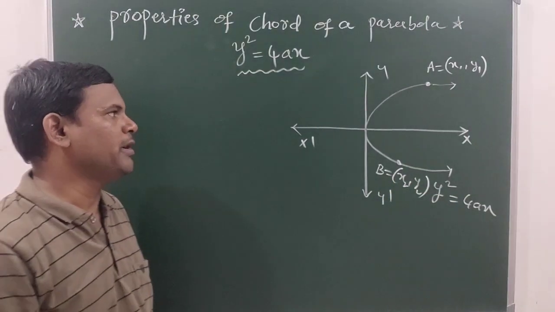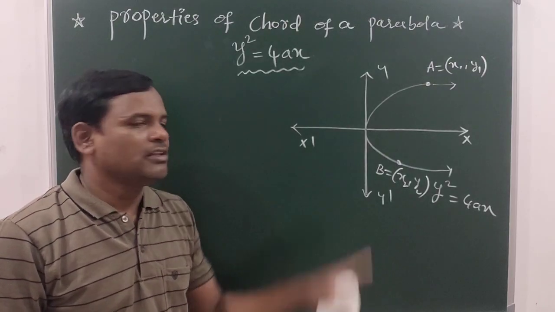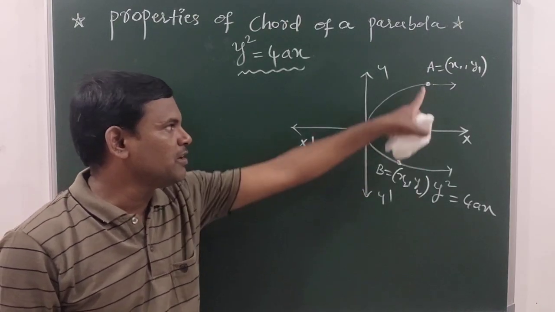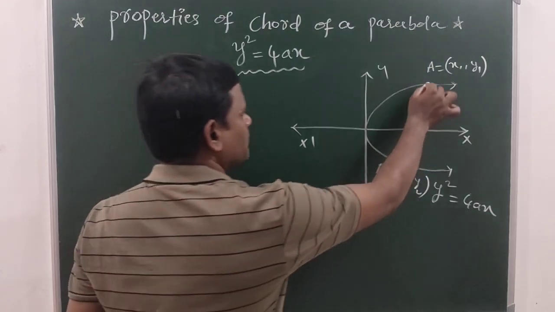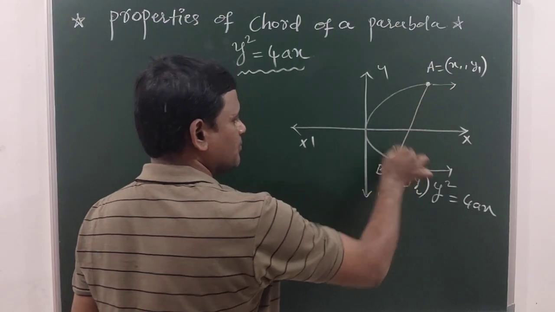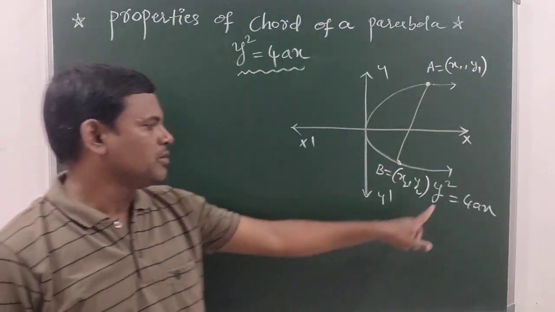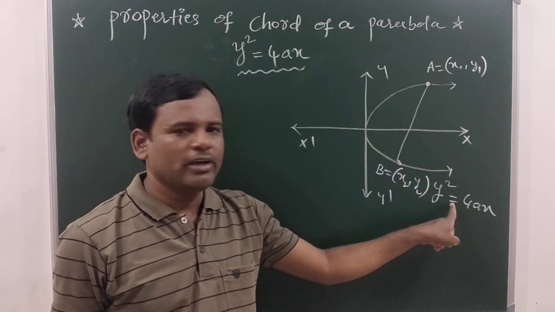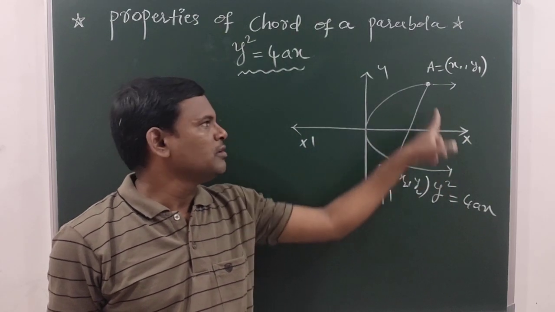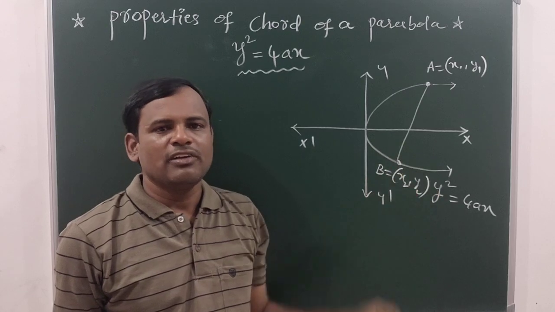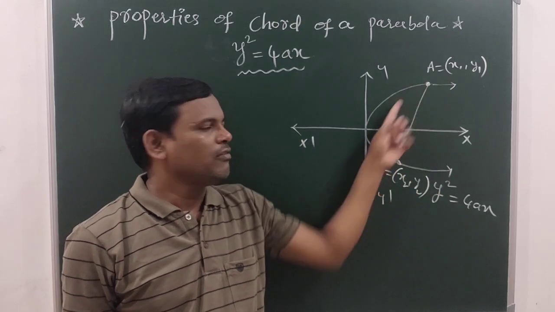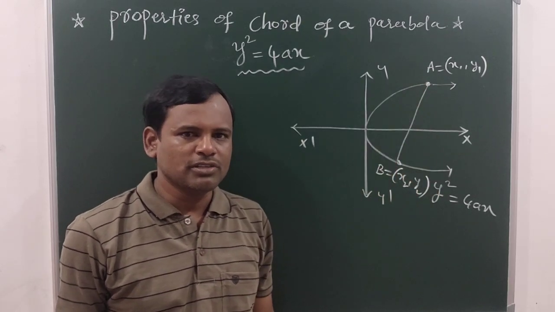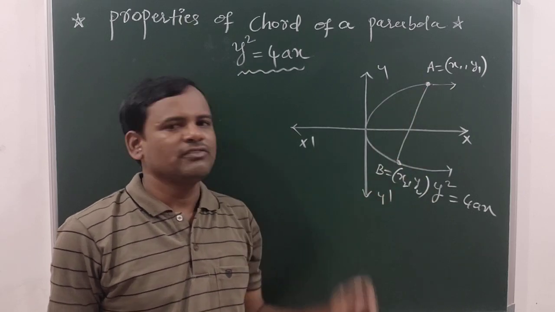Now my first point is: find the equation of this line segment AB. The name of the parabola is y square equal to 4ax. On the parabola there are infinitely many points. I have given 2 points to you, and I am asking you to find the equation of this AB.